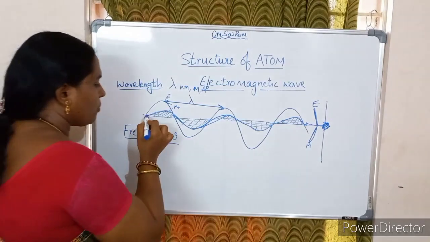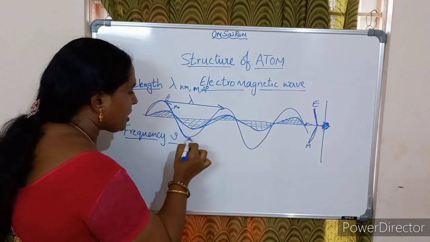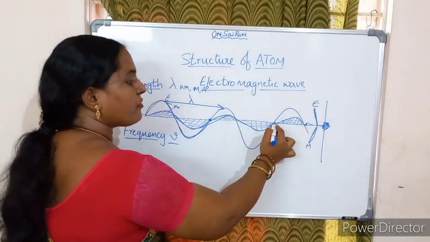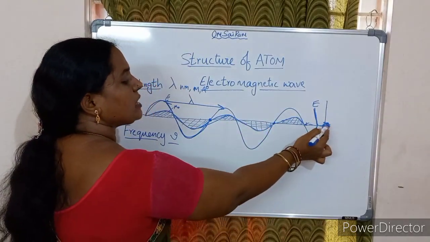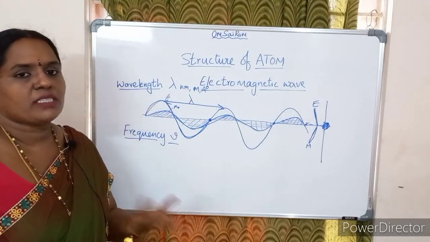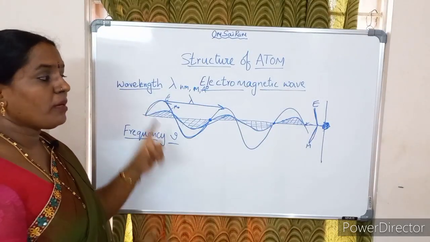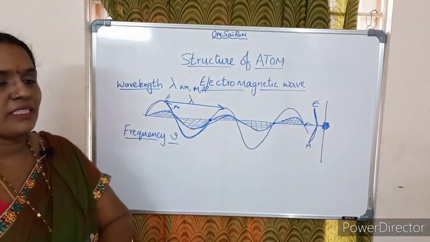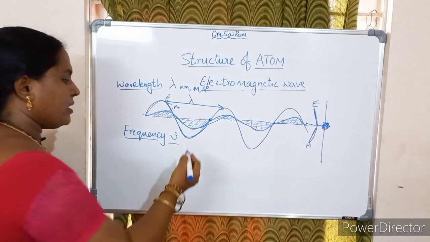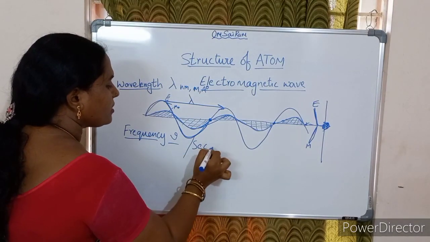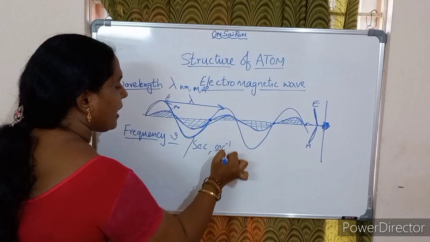One crest and one trough is considered as one wave. How many waves can travel through this point in a given unit of time? The unit of time may be 1 second. In 1 second, how many waves can pass through this particular point is the frequency. It is measured in per second, or second inverse, hertz.